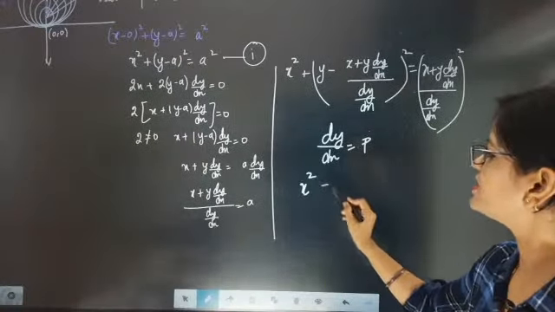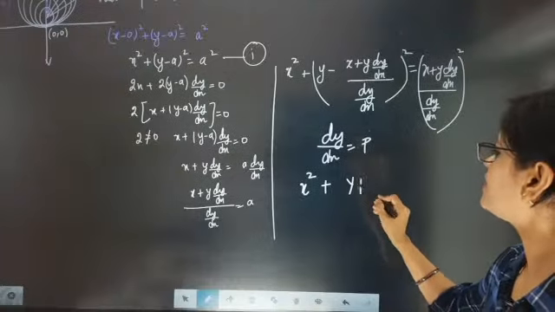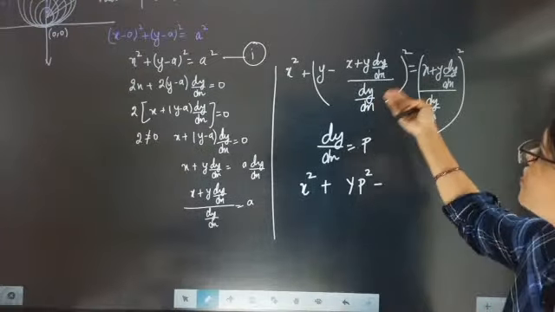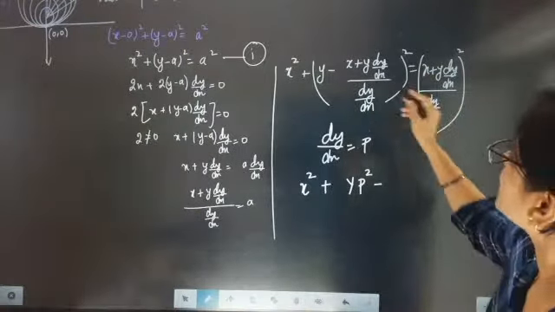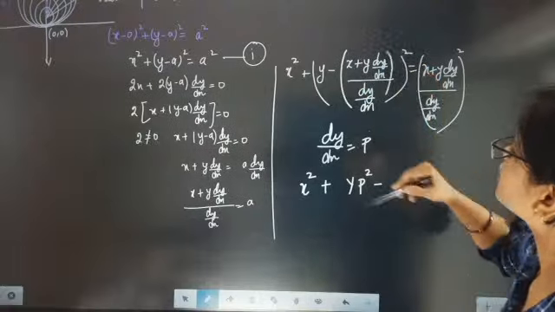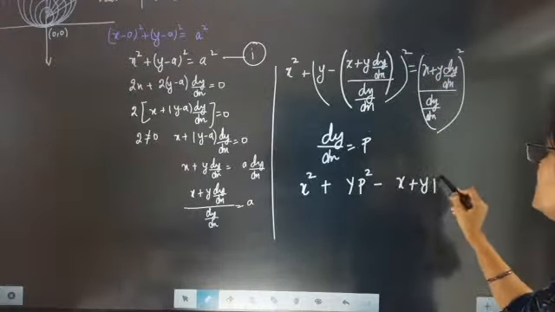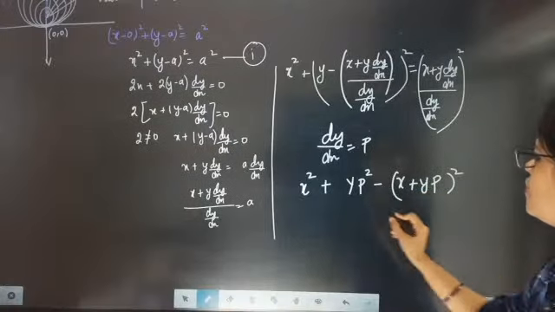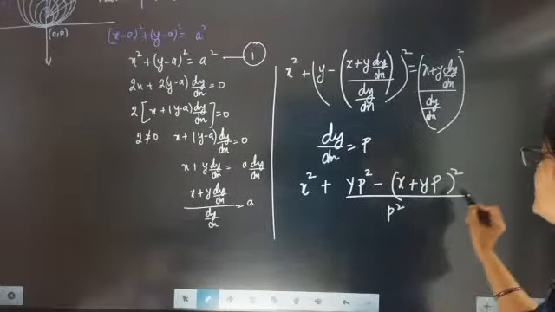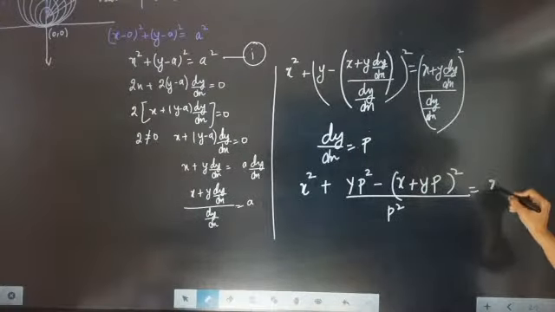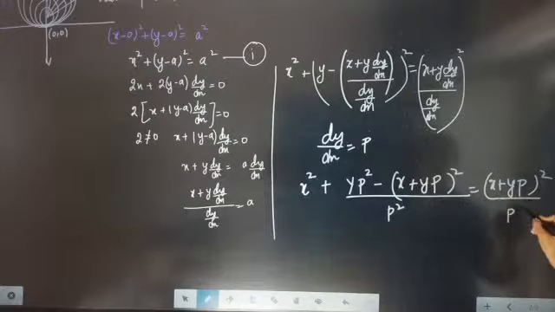So here it is coming as x square plus y minus (x plus yp) by p, whole square, equal to (x plus yp) whole square by p square.